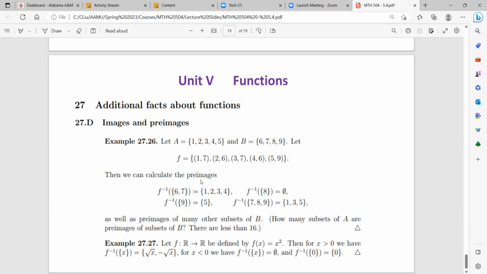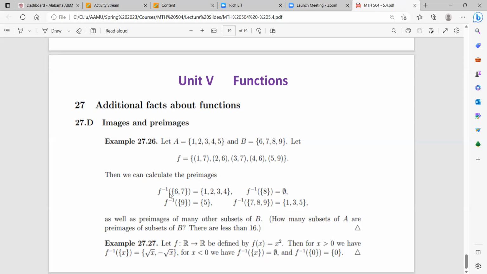That will give you the pre-image of the subset. Like 6. We know 2 and 4 are paired with 6. So that will include 2 and 4 as elements of the pre-image, and the number 7 is paired with 1 and 3 in the second coordinate. So the pre-image of 7 includes 1 and 3.